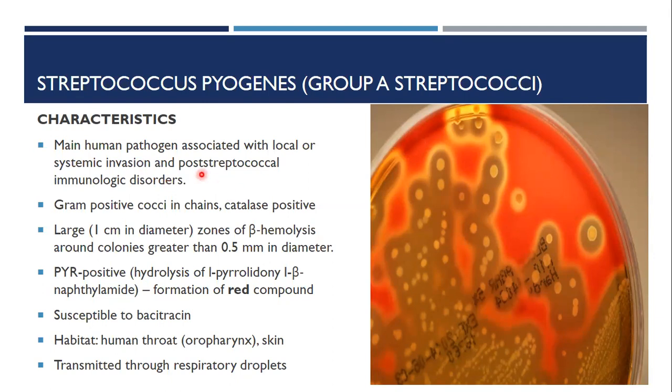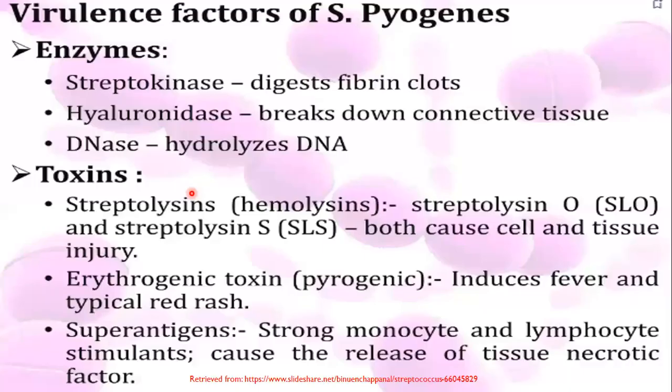Post-streptococcal, because after the infection caused by Streptococcus pyogenes has been resolved, it basically induces an immune response, producing immunologic disorders. And these post-streptococcal immunologic disorders may actually be of two kinds.